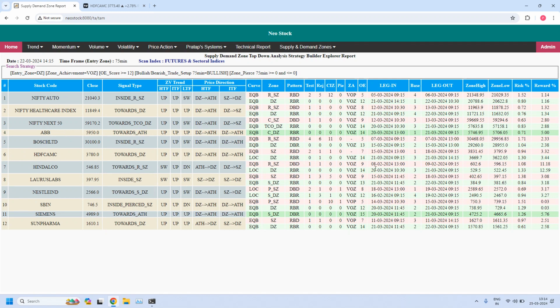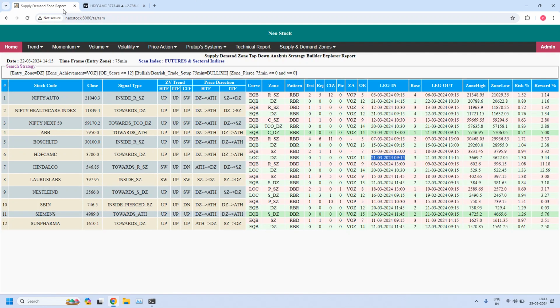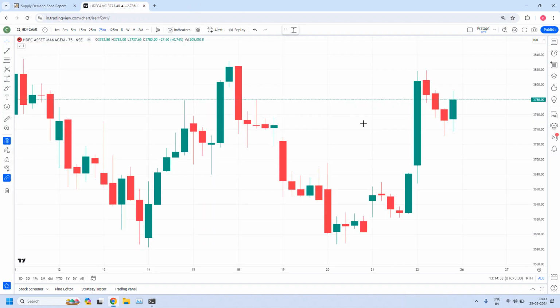HDFCAMC, the zone: 21/3/2024 9:15, and after that 3 base candles. This is 20th March. This one is 21st March. So this is the candle.